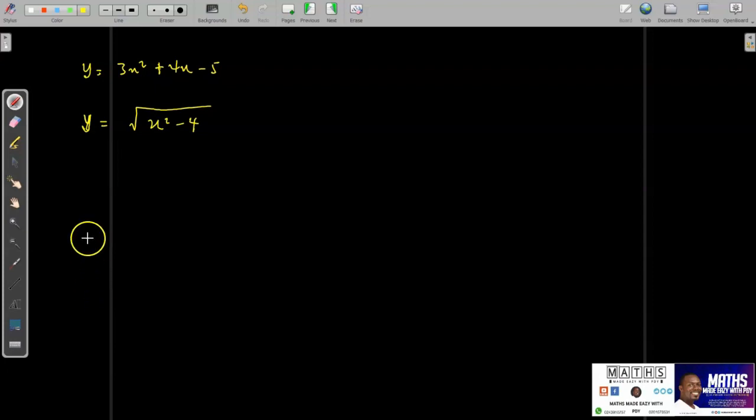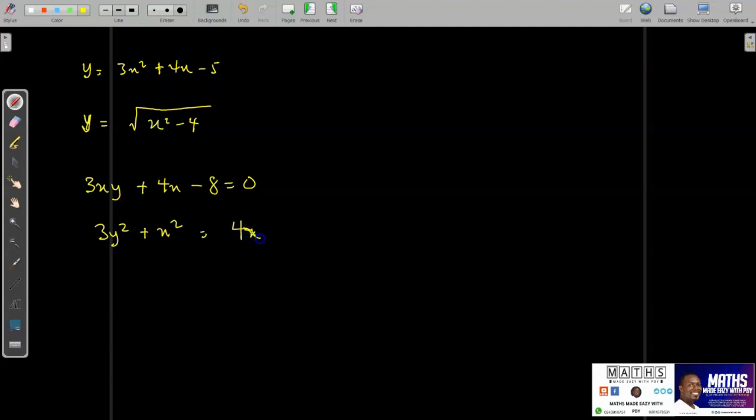So if you have a function like 3xy plus 4x minus 8 equal to 0, this is an example of what we call an implicit function, because no specific variable has been made the subject, or the function has not been written in terms of other variables. If you have an example like 3y squared plus x squared equal to 4xy.